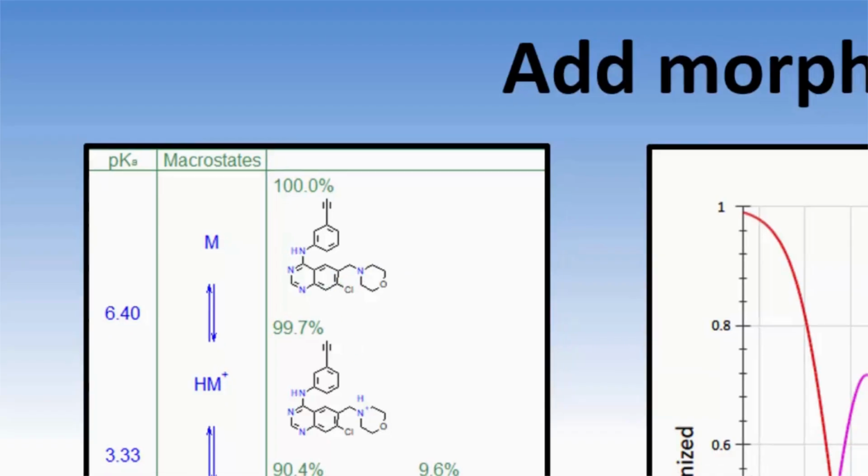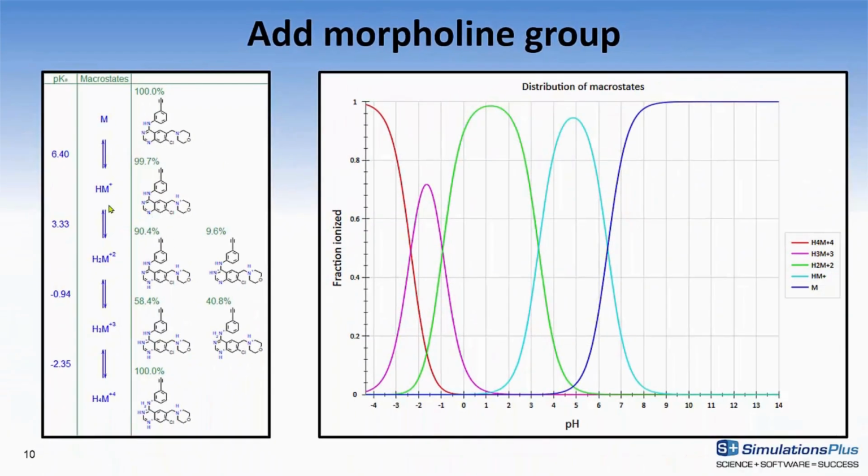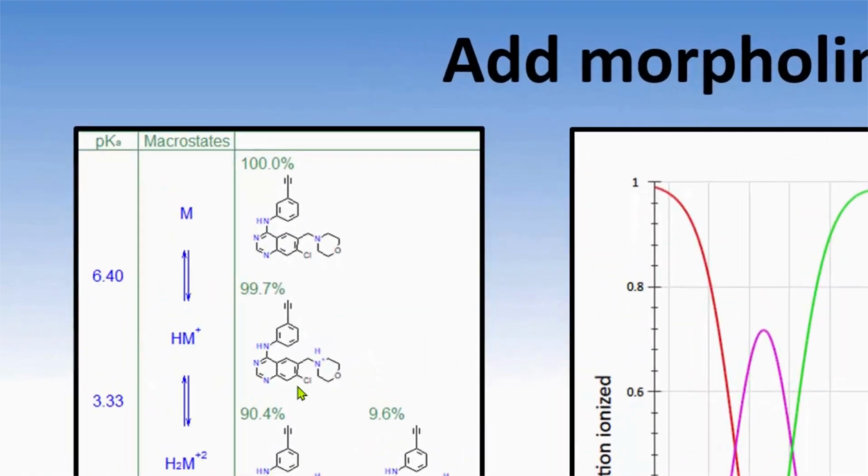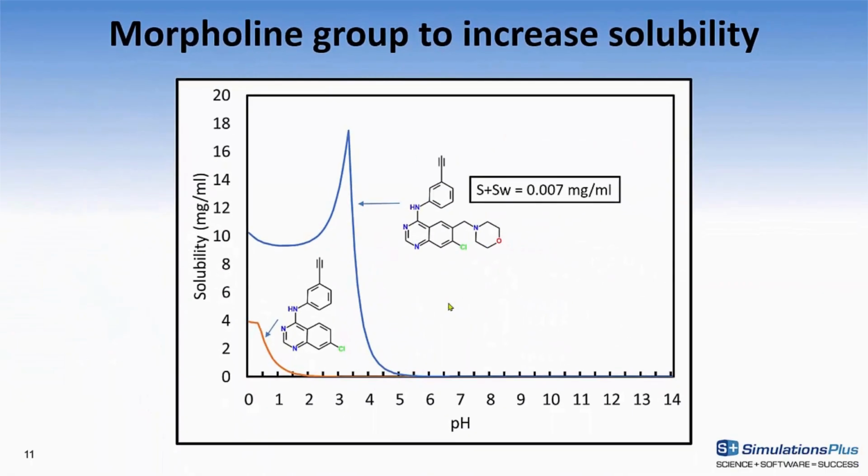Now let's take a look at the compound if we add a morpholine group in this position off the quinazoline ring. Here you see immediately that the pKa is below 6.4. You get a +1 state on the molecule. That automatically increases the amount of ionization at the higher pHs, and that would result in substantially higher solubility, starting here at about 4 and going up very quickly for this molecule.